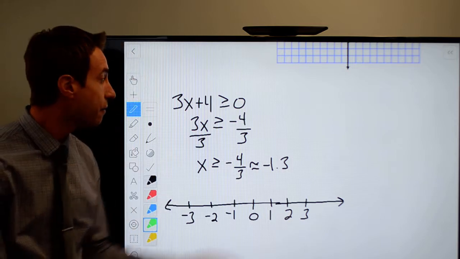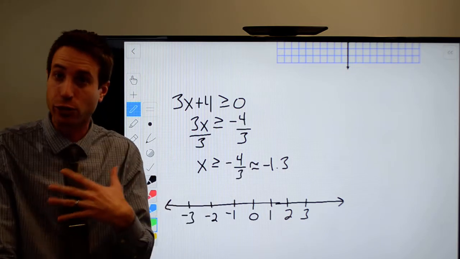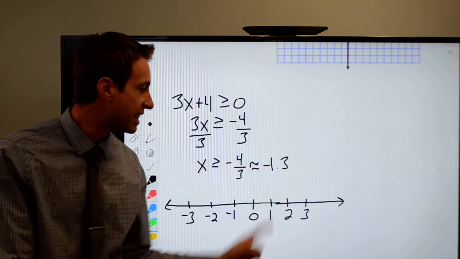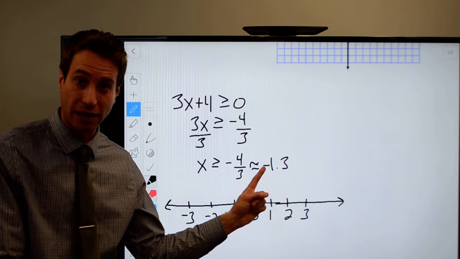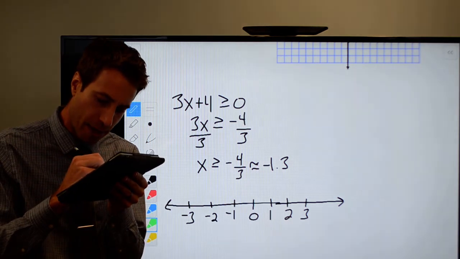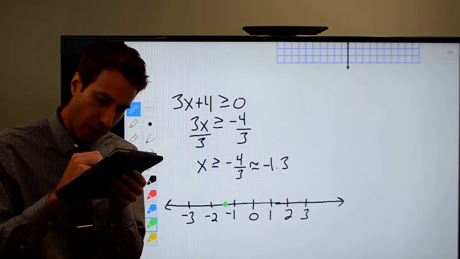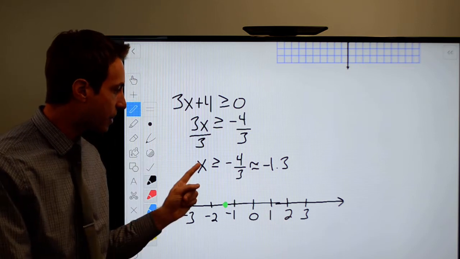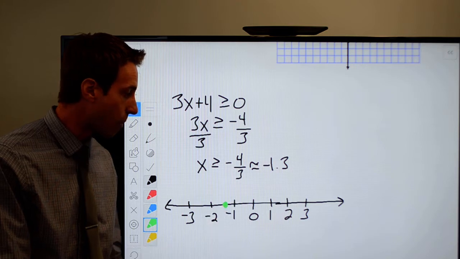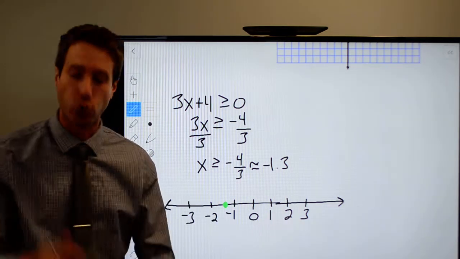The domain for my particular square root function, the one that I've given you up above, is this. My lowest domain value is negative 1.3, which is right about there. It'll be a closed dot because x is greater than or equal to negative 1.3, and then it's everybody greater than that.